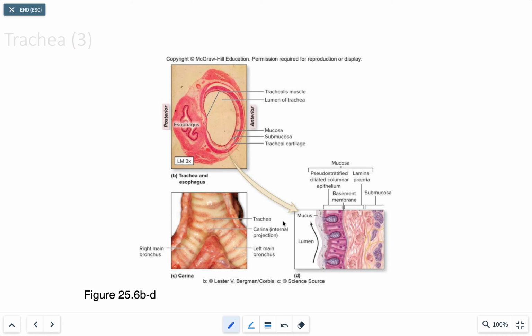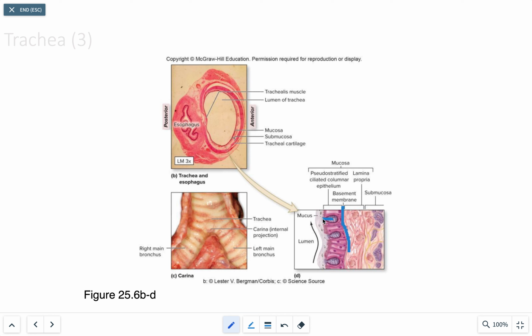So in this illustration, what we see is this is actually a picture of your trachea. So here we would have the submucosa, and then right on the basement membrane, this right here, this would be the pseudostratified ciliated columnar epithelial with the goblet cells that produce the mucus or mucins.